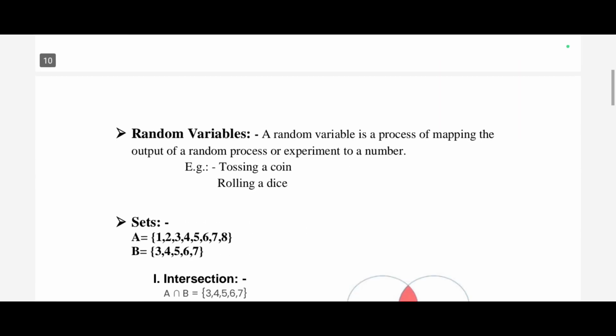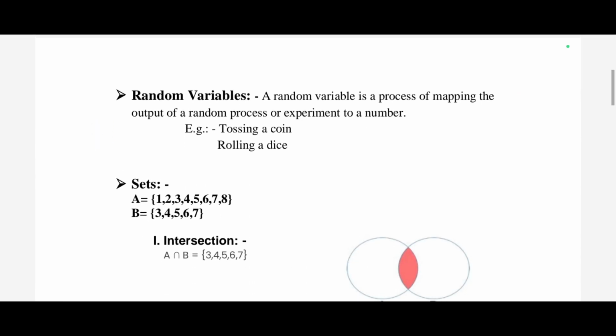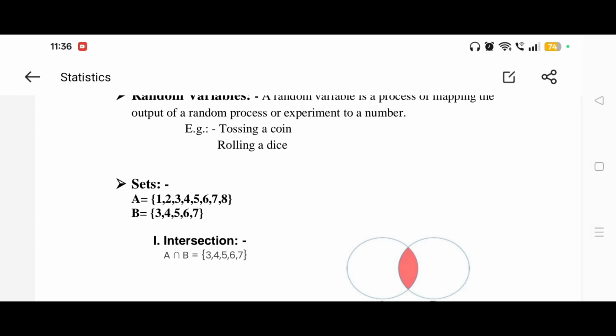Next, coming to random variables. A random variable is a process of mapping the output of a random process or experiment to a number. Some examples of random variables are tossing a coin and rolling a dice.